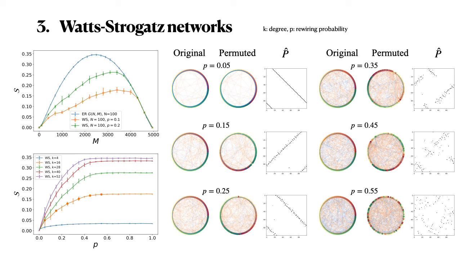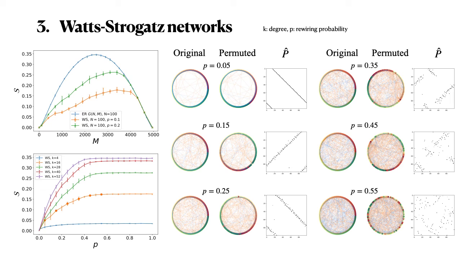On the right, we're showing 6 examples of Watts-Strogatz networks with a fixed number of edges but at different rewiring probabilities. We can see that at low rewiring probabilities, the node permutation matrix is very orderly, and either shows a rotation of all nodes as a whole or an approximate reflection plus a rotation of all nodes.